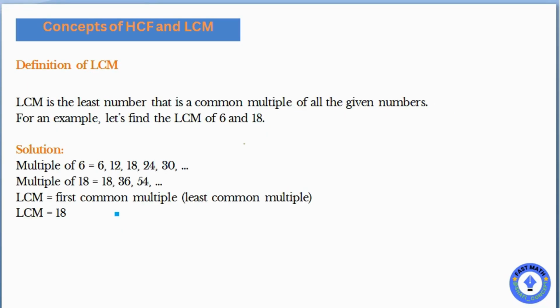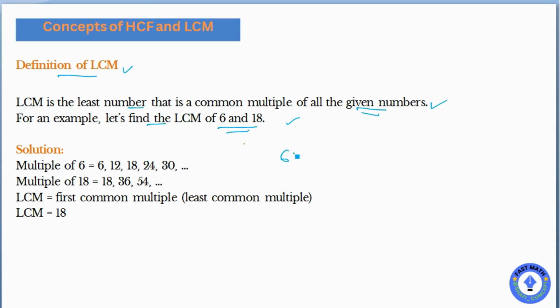Let's move to the definition of LCM. LCM can be taken as the least common multiple of the numbers. Let us also define it by doing examples so that you can have a better idea on LCM. Let's find the LCM of 6 and 18. What will be the multiples?